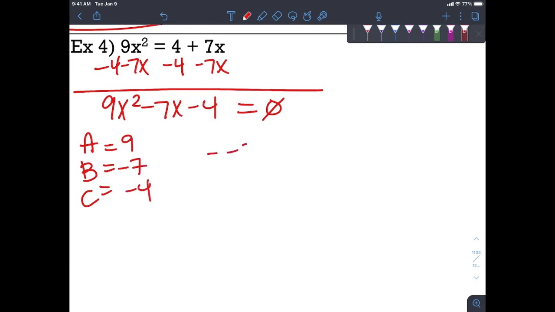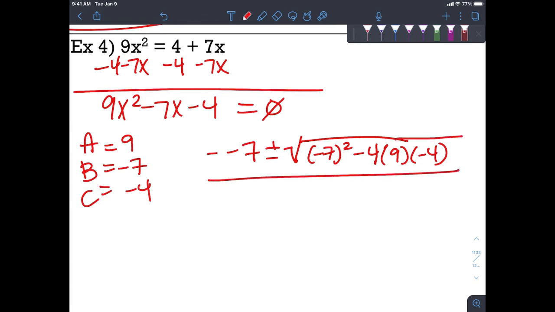So negative b plus or minus the square root of b squared minus 4 times a times c, all divided by 2a. I see a whole bunch of double negatives again. They love giving us those kind. I'm going to go ahead and fix that. And let's start simplifying.